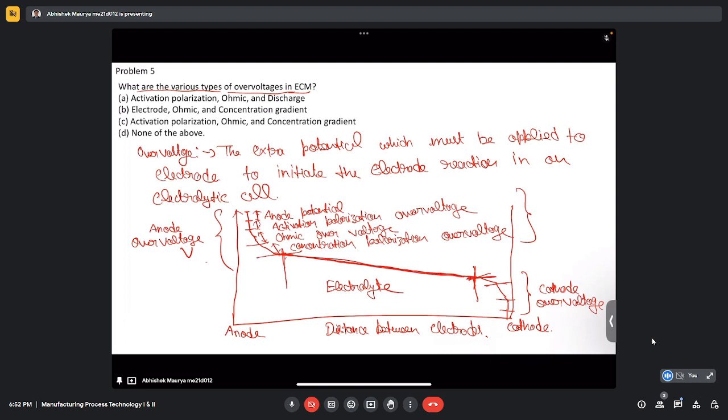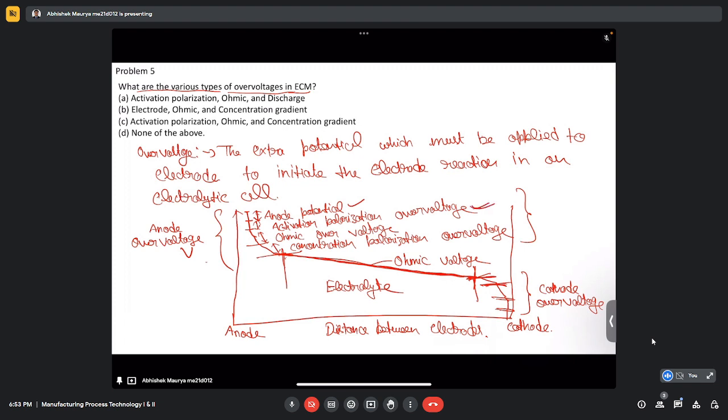That's why we can see a linear curve. So this is called the ohmic voltage drop. After that, the same thing happens at the cathode also. Here we can see, first of all we have the anodic potential drop, then we have activation polarization over voltage.